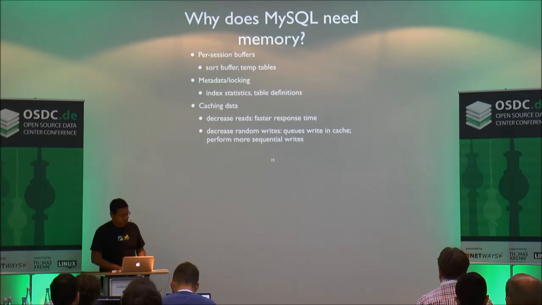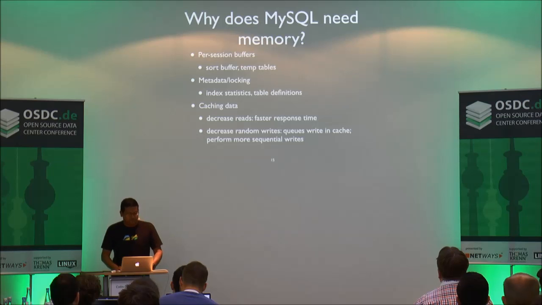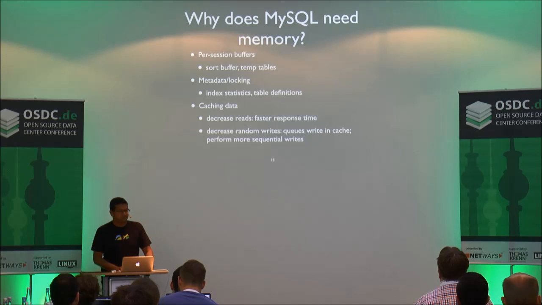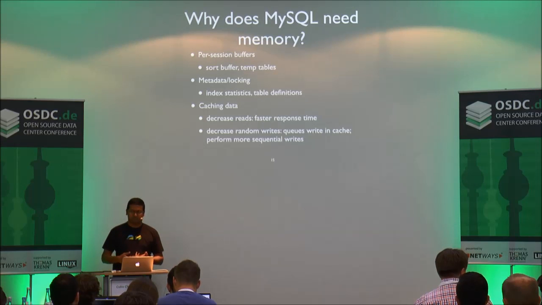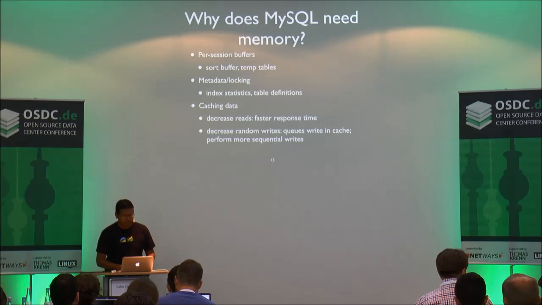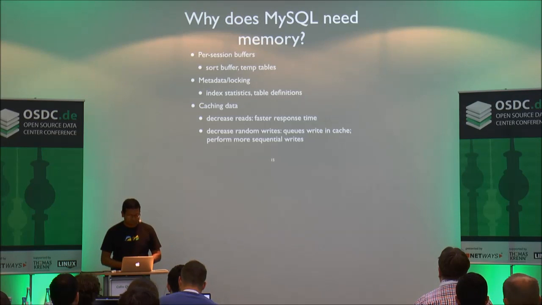MySQL, for example, uses memory for things like session buffers. It uses memory for statistics inside of metadata, locking stats as well. And if you use things like user stats, it actually counts index stats, user stats, client stats, and so forth. Obviously, MySQL also uses it to cache data.